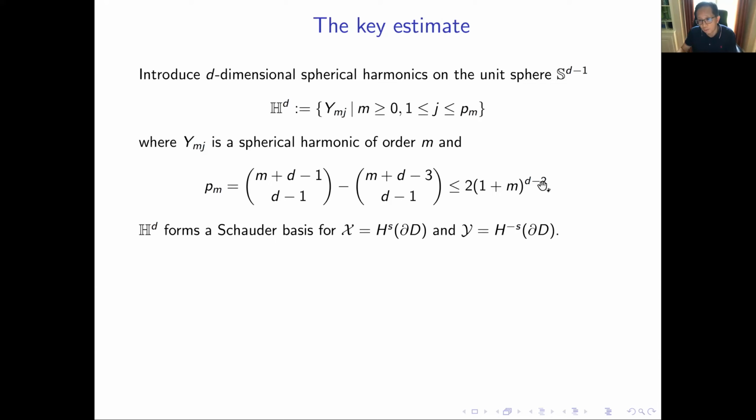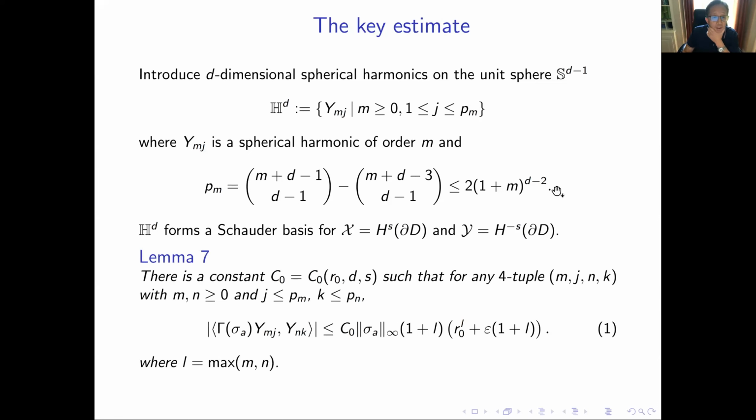Sometimes you see some d come into play; it comes from here, from this involvement. So here is the key estimate.